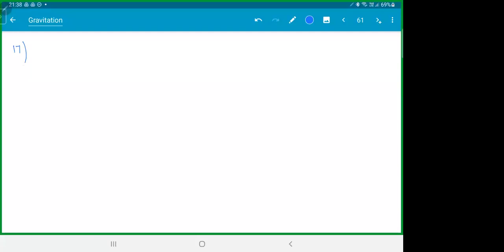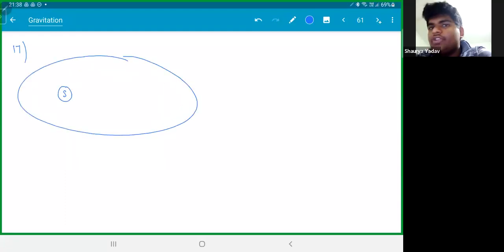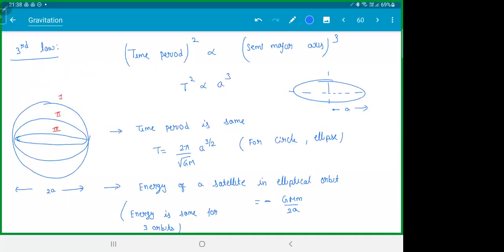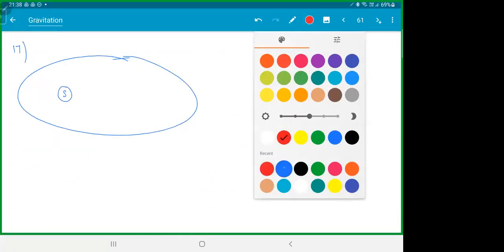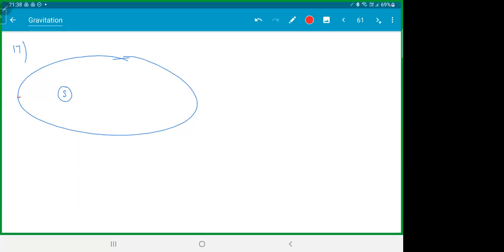Let's see this question. We have a satellite going in an elliptical orbit. Big M is of the sun. M is always the mass of the sun. We have 4 points here: A, B, C, and D, and the satellite is going this way.